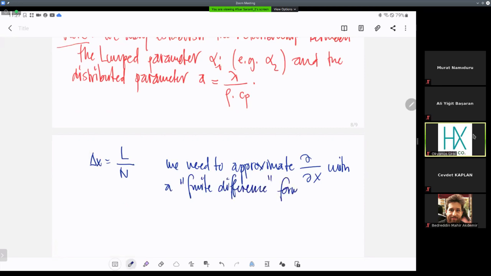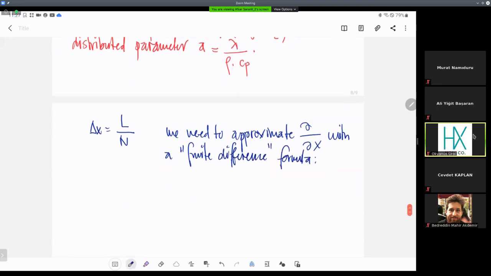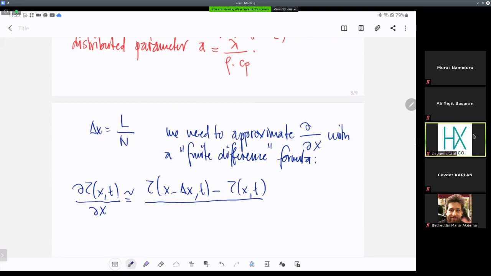So we have del tau x,t over del x, which we will write as approximately tau x,t minus tau x minus delta x, the previous element, t over delta x. Remember that as long as delta x is very small, it doesn't really matter on which side you define the derivative. You can do both ways.